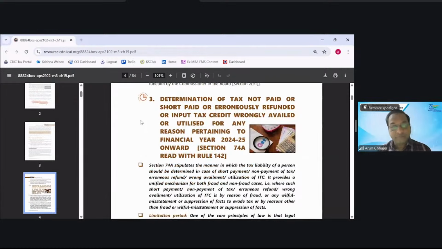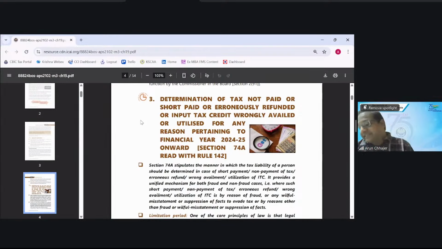Now, earlier we had section 73 or section 74. What was the difference between 73 and 74? The main difference was the intention. See, let's say Mr. A has not paid the taxes or has claimed excess refund or has claimed excess ITC, wrongly availed ITC and utilized ITC.